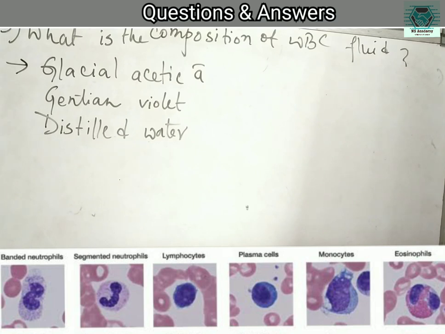The gentian violet stains the nuclei of WBC, as some of the WBCs have lobed nuclei, and makes them easily identifiable. Okay.